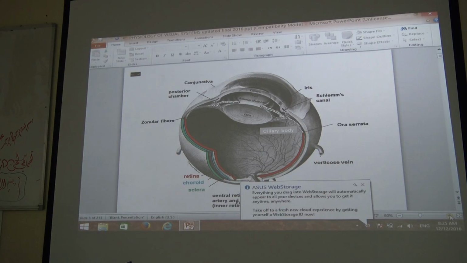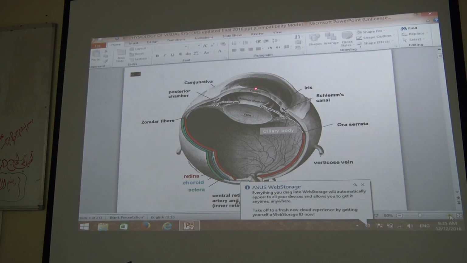The most powerful part of this optical system is the cornea. The cornea contributes 2/3 of the power of the optical system, because of its curvature and because of its interface with air, and the refractive index of the air is much more away from the refractive index of the cornea.